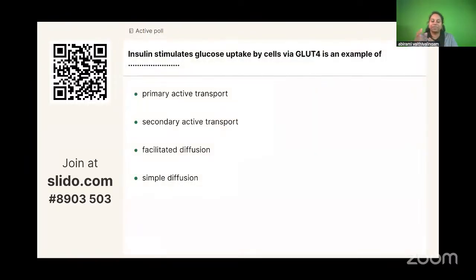We'll go to the next question. Insulin stimulates glucose uptake by cells through which of the transporter?